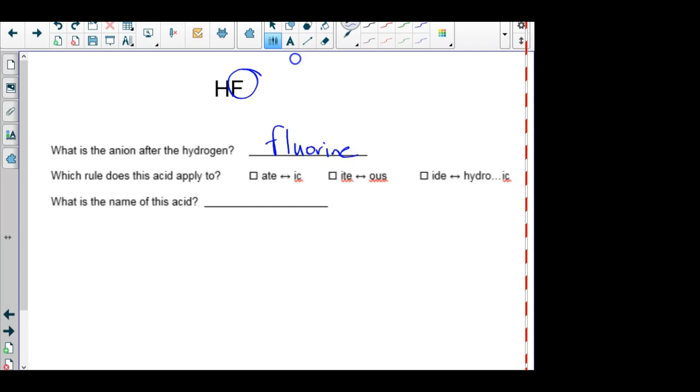Fluorine. So, sorry, fluoride. Fluorine would be by itself. When it's with hydrogen, it's an ion, so it's fluoride. Not fluorine, please use fluoride. So hydrofluoric acid.